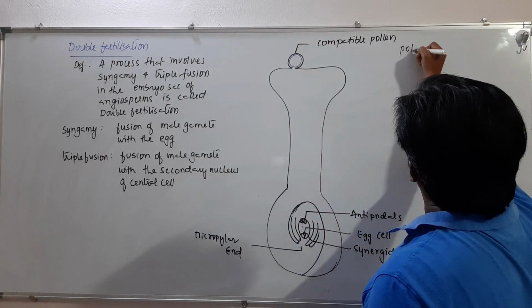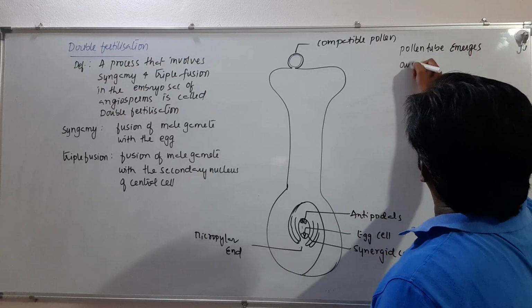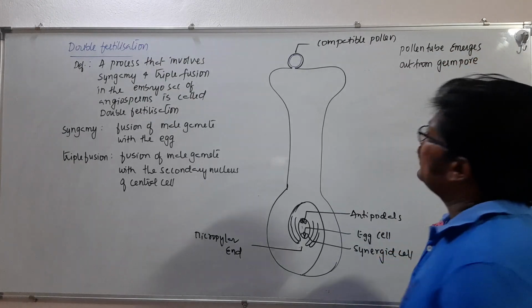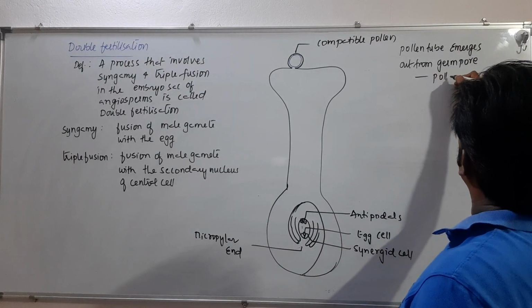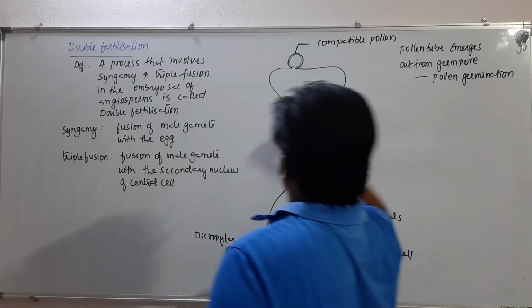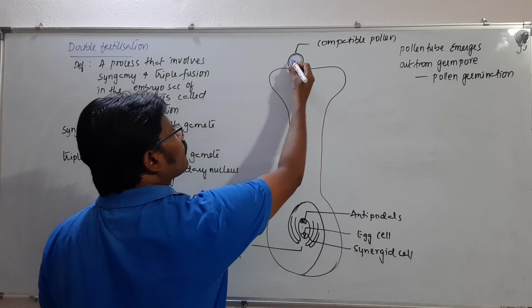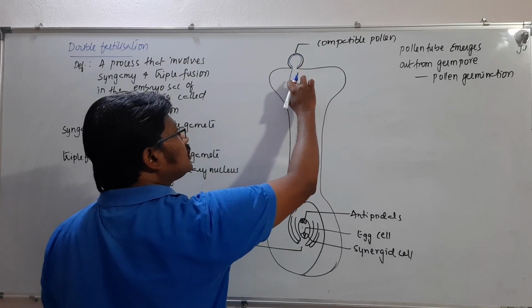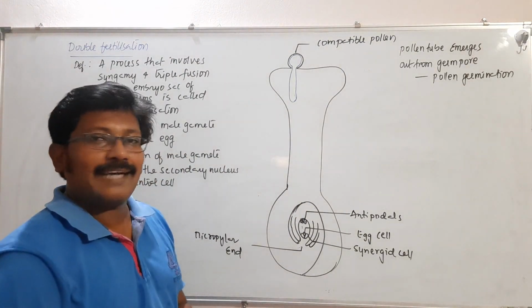So here the pollen tube emerges out from the germ pore, and we call this process pollen germination. Now you can see here the pollen tube emerged out.